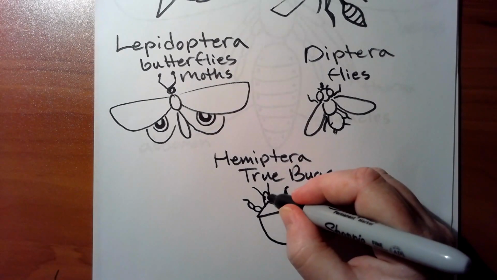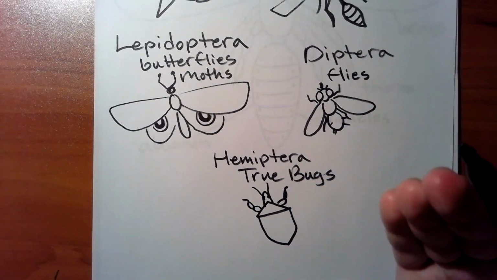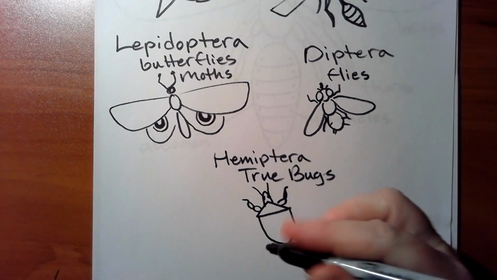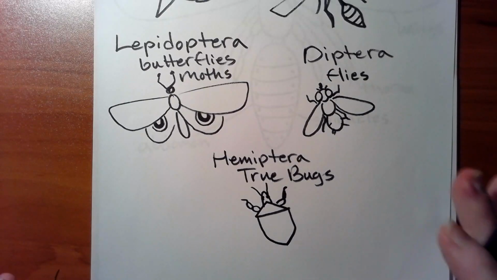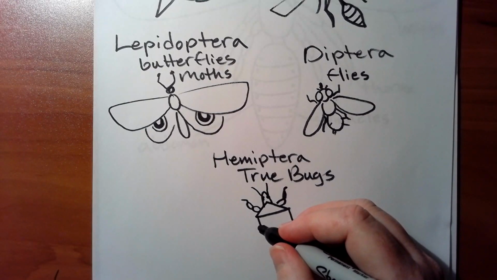And the reason they're called assassin bugs is if you turn them upside down, you'll see they have a large, piercing, sucking mouth part that pierces and sucks the life out of any insects they catch in the garden. But they also like to pierce my tomatoes and eat them too.